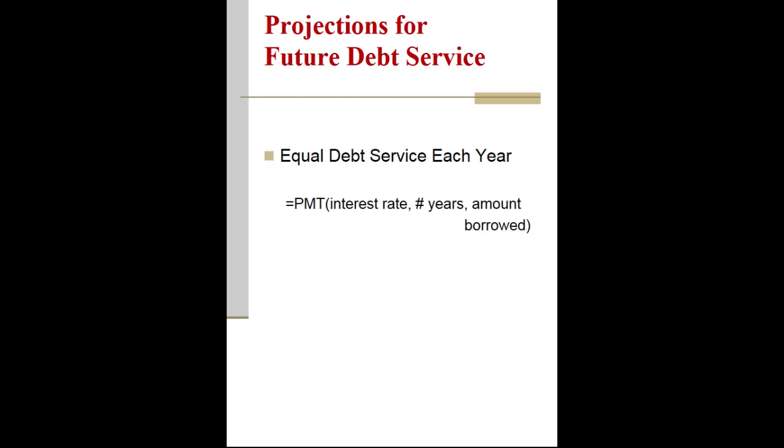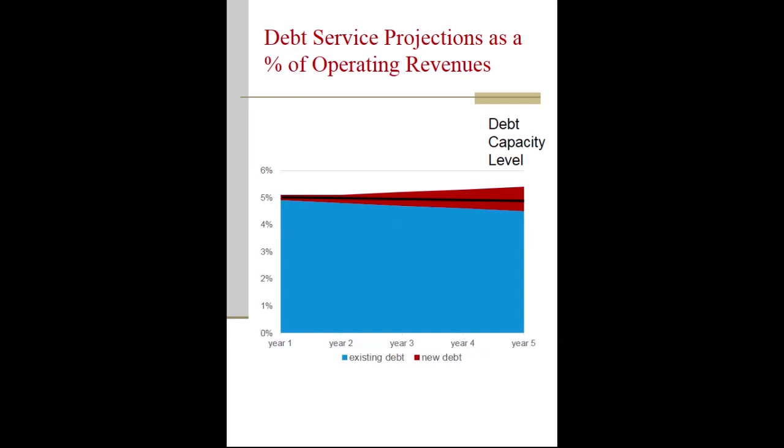It's also important to look at what are the projections for future debt service. If you identify in your capital plan that you have the need for a certain dollar amount of debt financing, then you can calculate what the annual debt service would be using the PMT Excel function I talked about in a previous presentation. And then it's a good idea to look at this graphically.